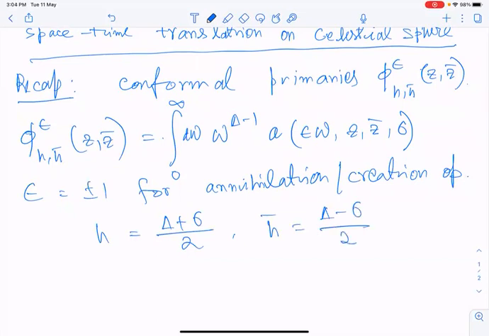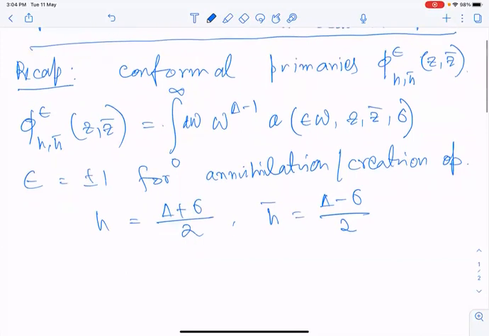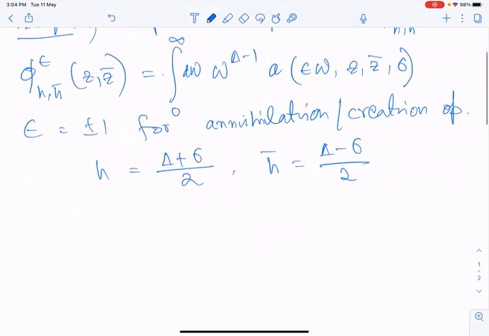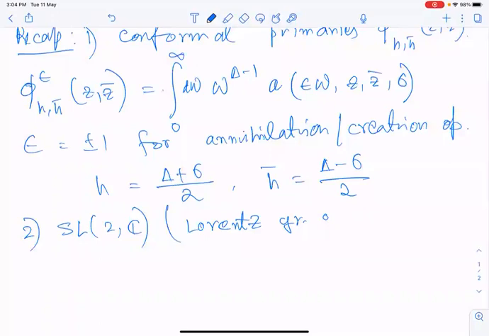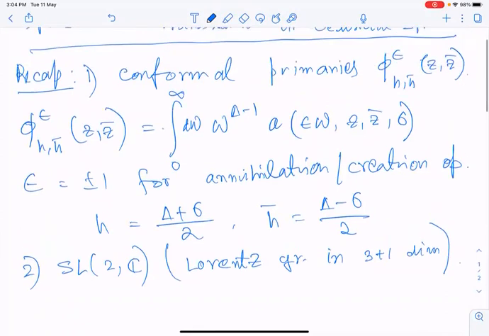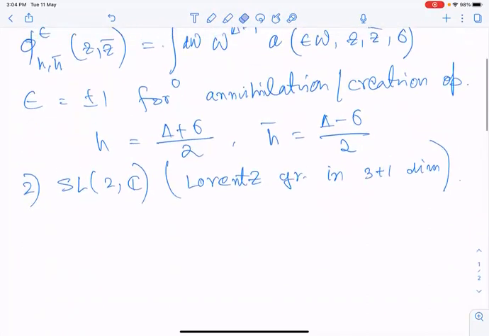So this was the first, and then the second important property was that SL(2,C), which is basically the Lorentz group in 3+1 dimensions, acts on the celestial sphere as the group of global conformal transformations.